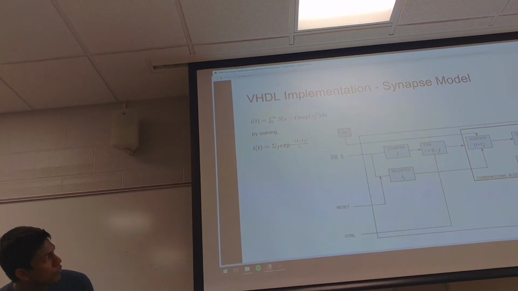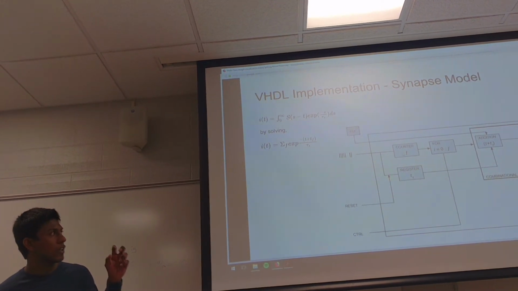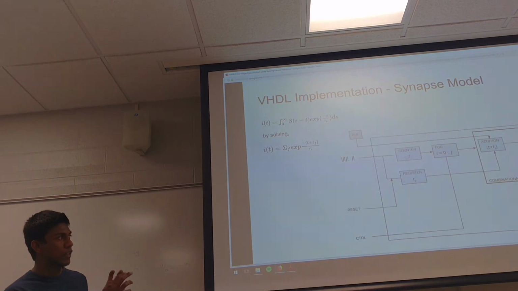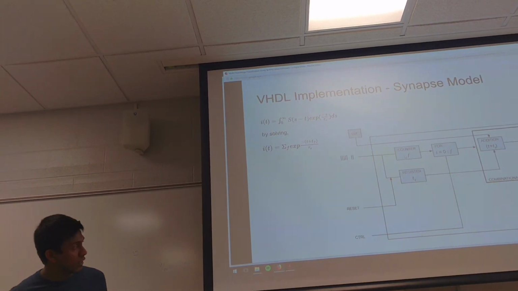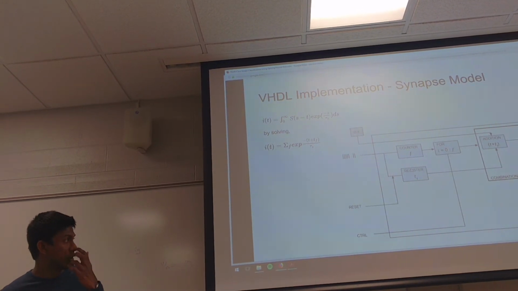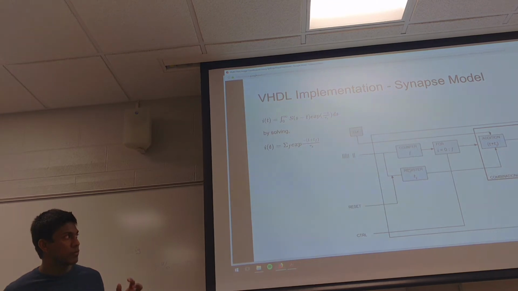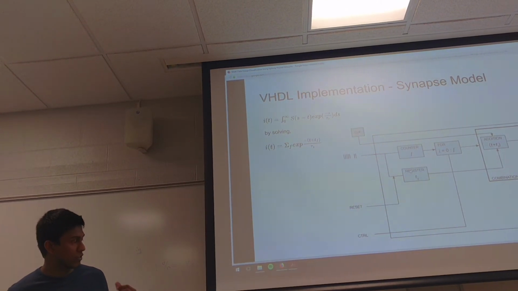We have a counter which keeps a record of all the most recent spikes that came into the synapse, and a register which keeps records of the firing times of each of those most recent spikes.